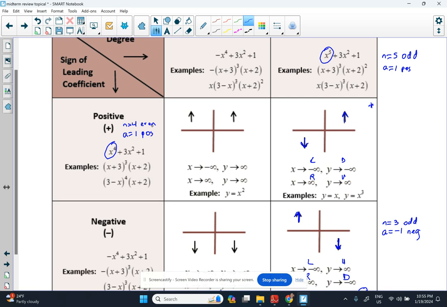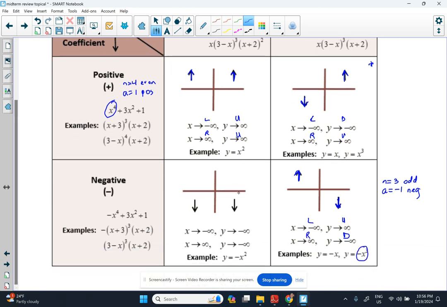Because n is even, both ends are going to go in the same direction, and because a is positive, they're both going to go up. In other words, as x approaches negative infinity, as you go to the left, you're going up, and as x approaches positive infinity, as you go to the right, y values are going up, so up, up.